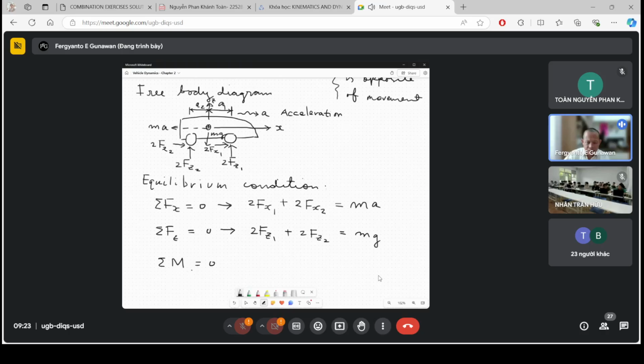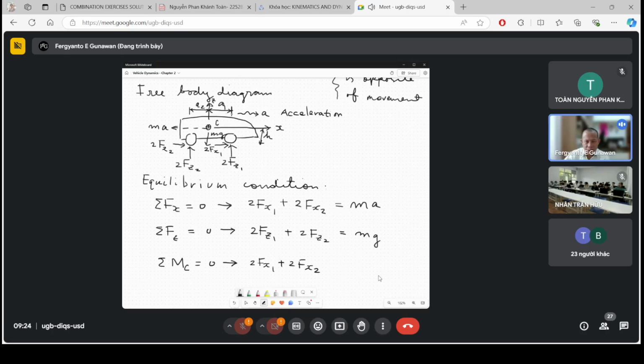Now let's take the moment at point C, right? Point C is located here. I'm going to set the sum of moments to 0, so I'm going to get another simple equation. 2 Fx1 plus 2 Fx2 multiplied by h, the height of the center of gravity, right?